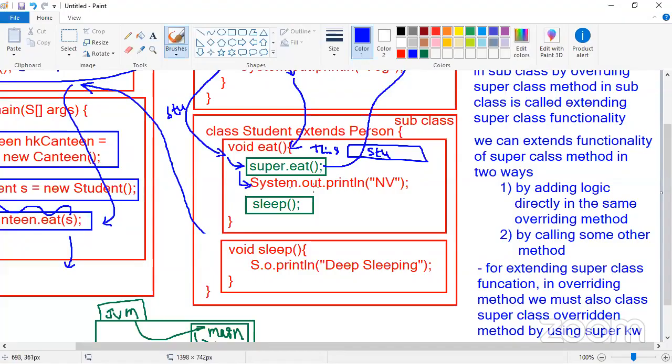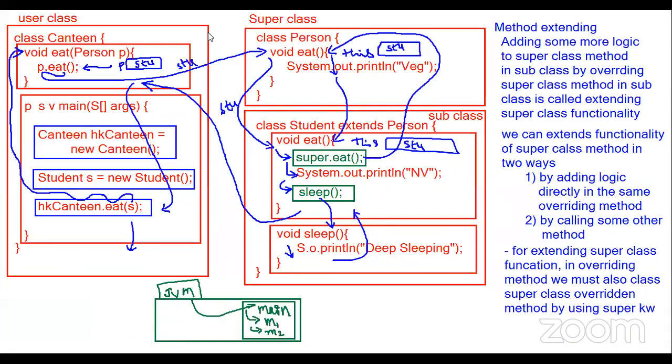After this non-veg is completed, control goes to the sleep method call, its logic is executed, and then it comes back to the calling place. This is the story about method extension, extending method functionality.